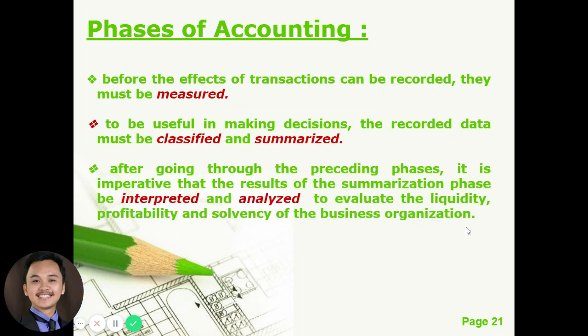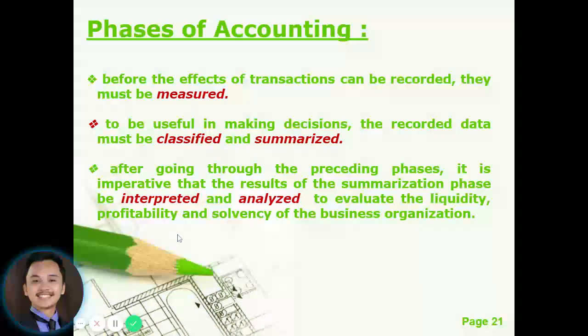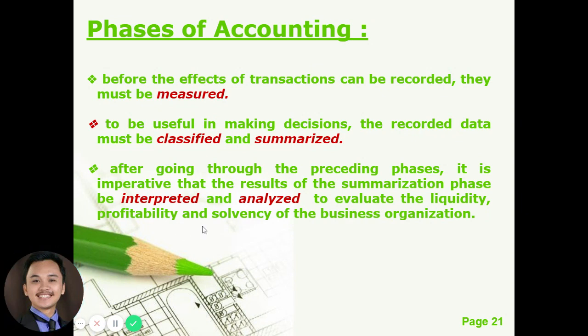After going through the preceding phases, it is imperative that the results of the summarization phase be interpreted and analyzed to evaluate the liquidity, profitability, and solvency of the business organization. So after being summarized, we will now interpret whether the entity is doing good or not, or if the entity requires more venture, or if the entity requires more management focus in order to earn more profit.